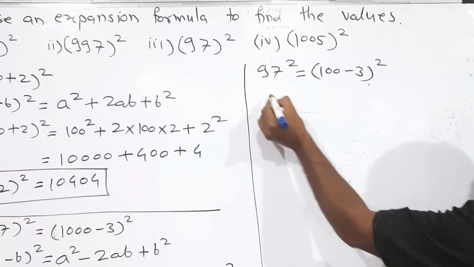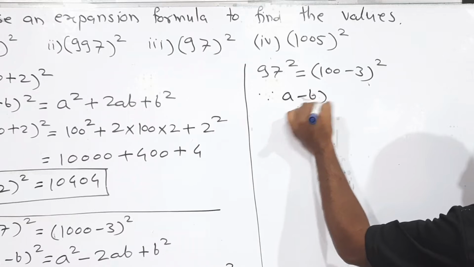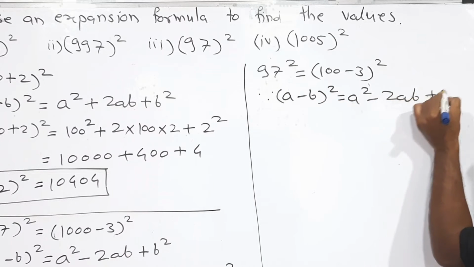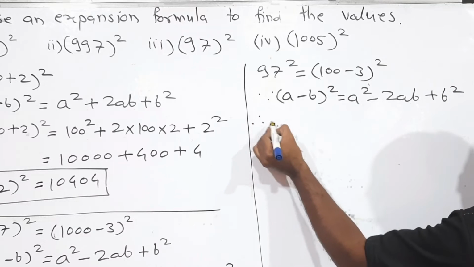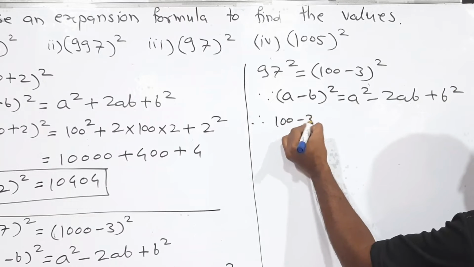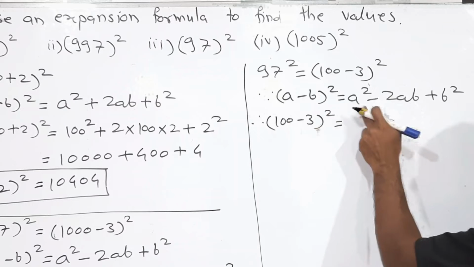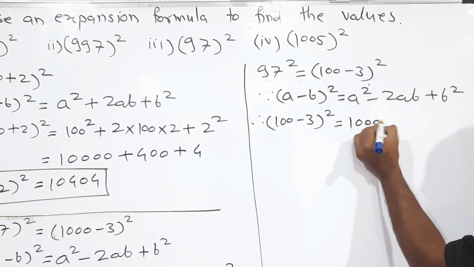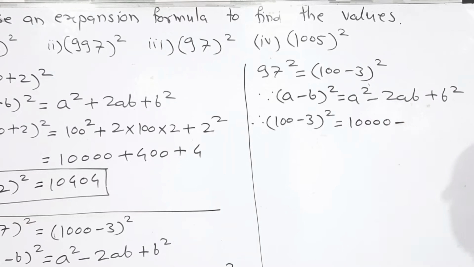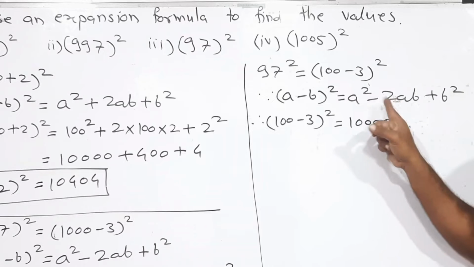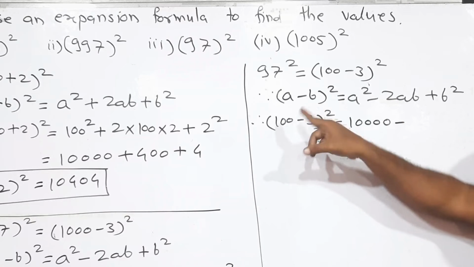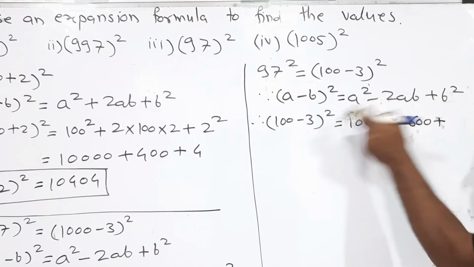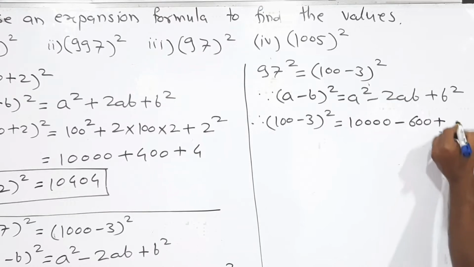We can use the formula of a minus b square. a minus b square is equal to a square minus 2ab plus b square. Then 100 minus 3 square is equal to square of 100, we can directly write 10,000, minus 2 into a into b, means 2 into 100 into 3. 2 into 3 is 6, 6 into 100 is 600, plus b square of 3 is 9.